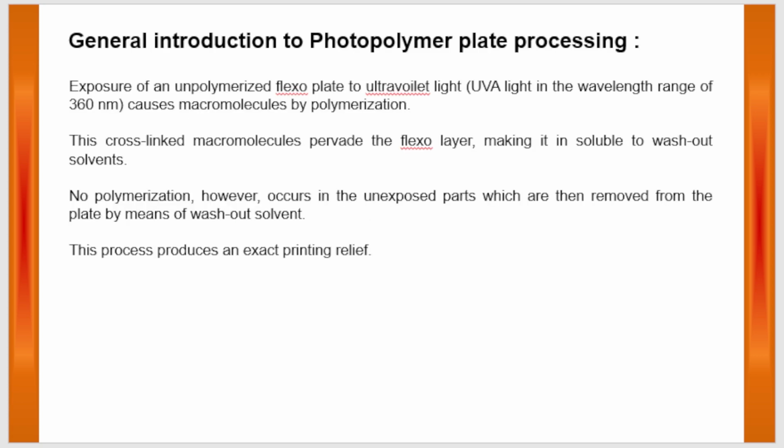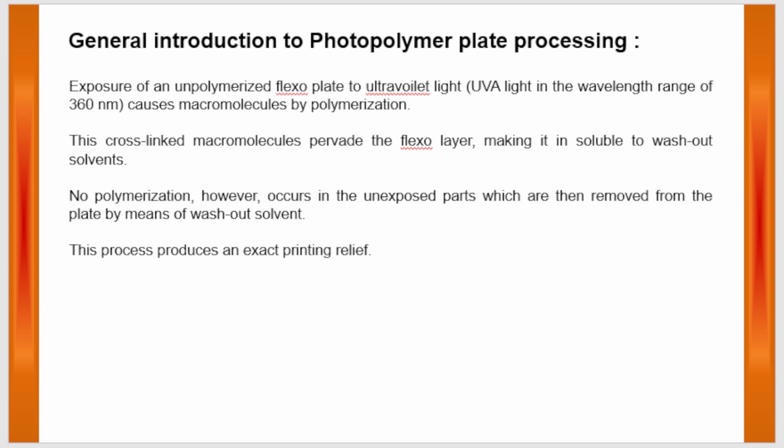So, a general introduction to photopolymer plate processing. Exposure of unpolymerized flexoplates to ultraviolet UVA light in the wavelength range of 360 nanometers causes cross-linking of micromolecules by polymerization.